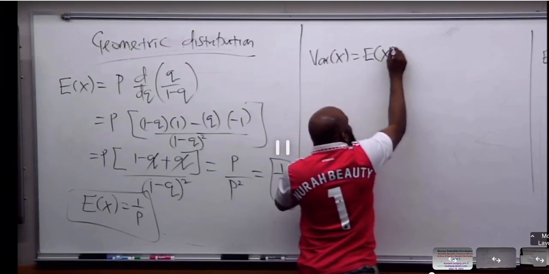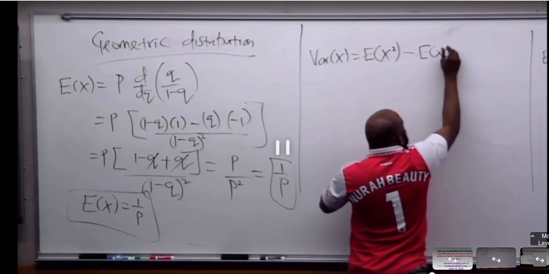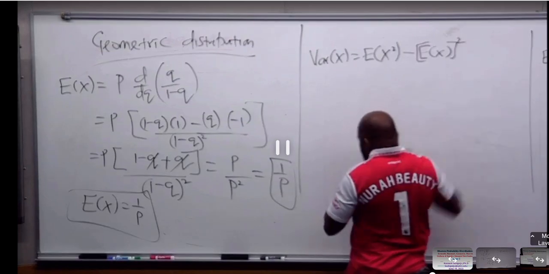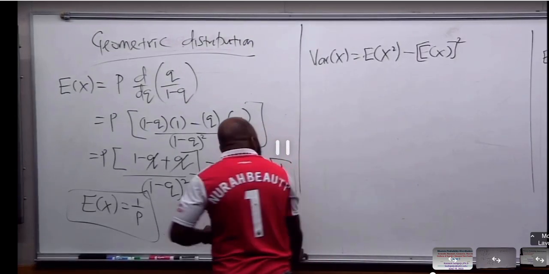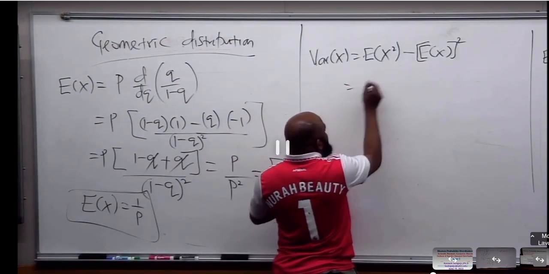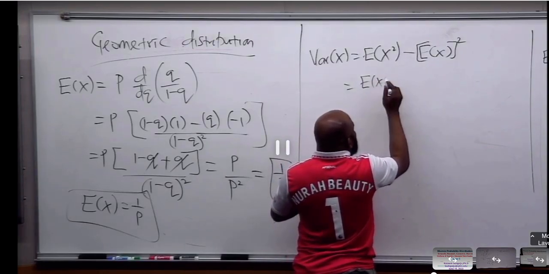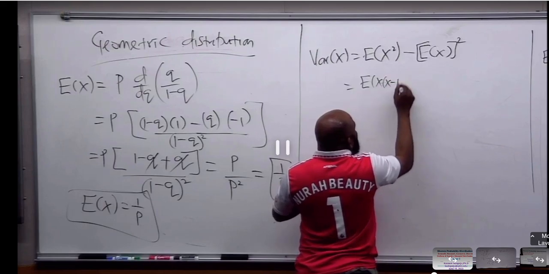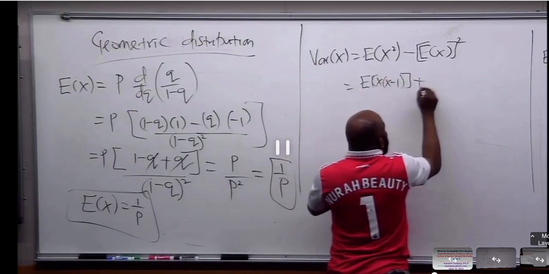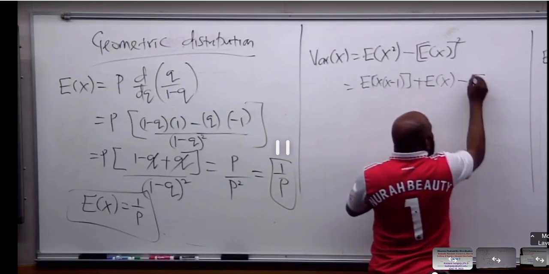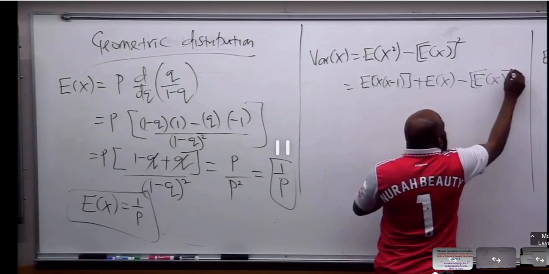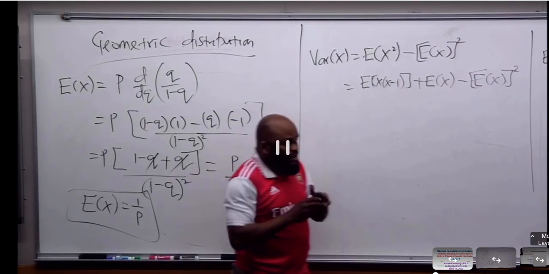Is expected value of x squared minus this, right? And this is the same as this. Right?